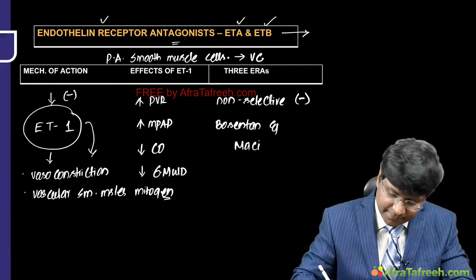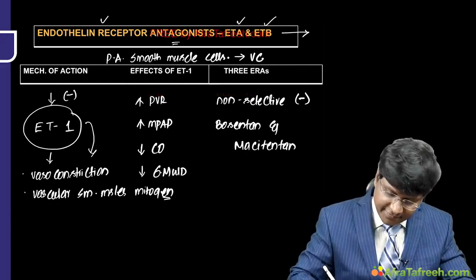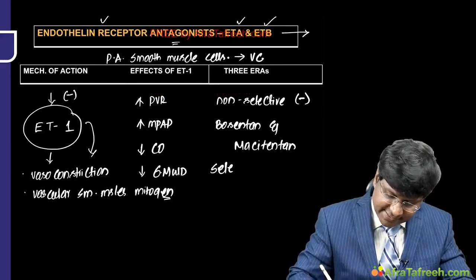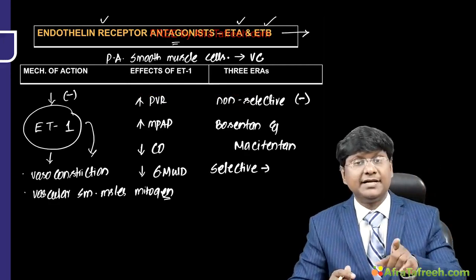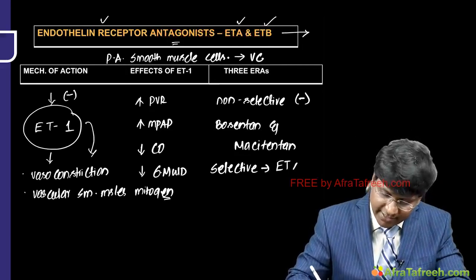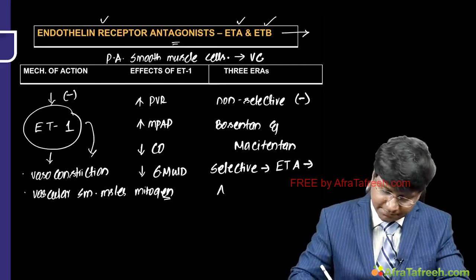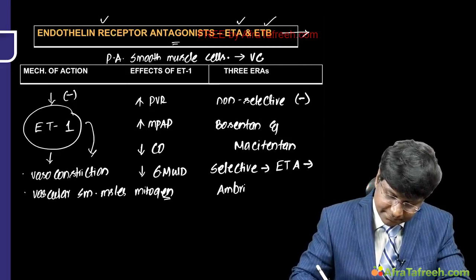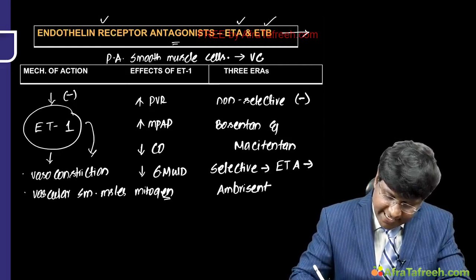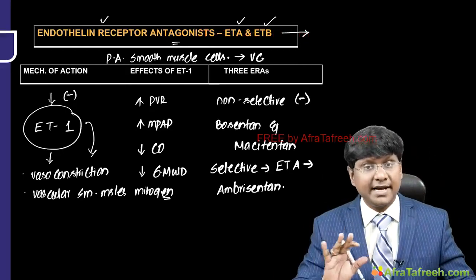These 2 are non-selective endothelin A and B antagonists. Then we have the selective endothelin receptor antagonist, which will block mainly endothelin A. Example will be ambrisentan. So these are the 3 endothelin receptor antagonists.